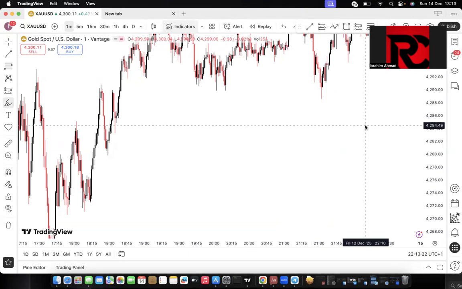So before we go into that, first and foremost, we have to talk about what is market structure. What is the importance of market structure in the markets? So what is market structure? Market structure means the structure at which the market is going towards, the direction of the market.